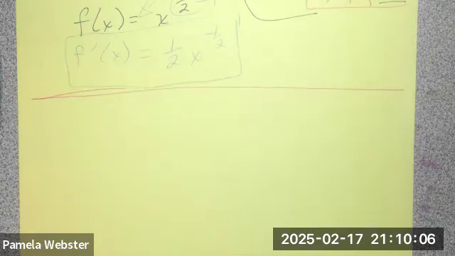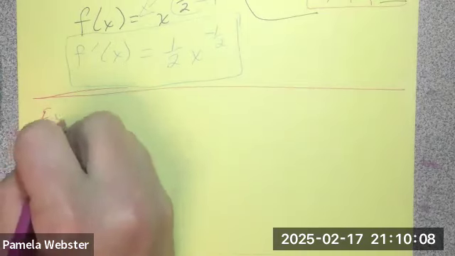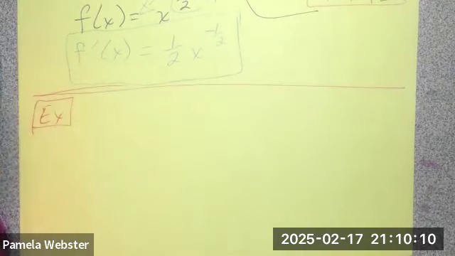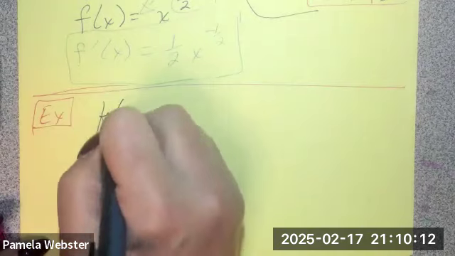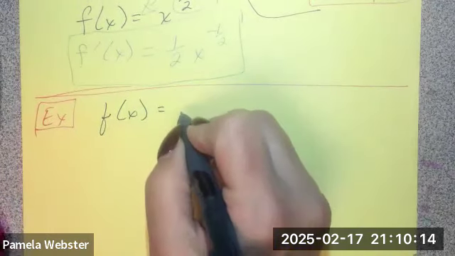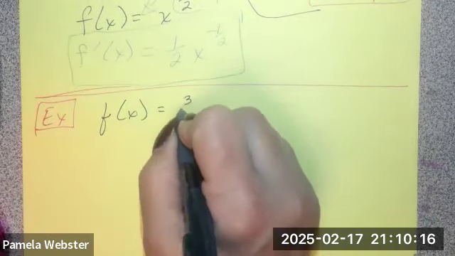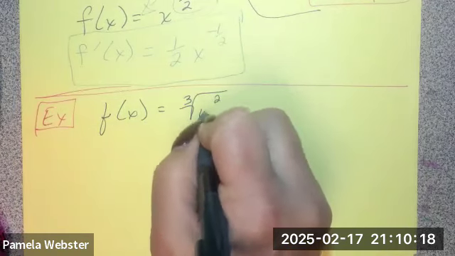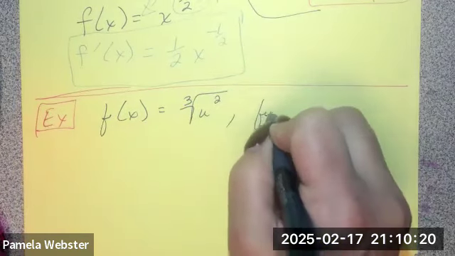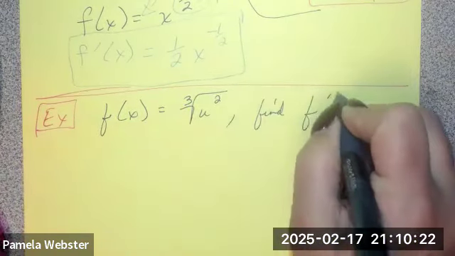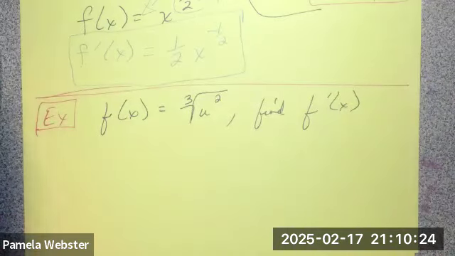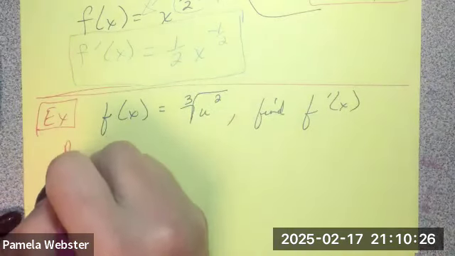Okay. So here, you do one. Here's an example: f of x equals the third root of x squared. I want you to find f prime of x, but I want you to rewrite it first.